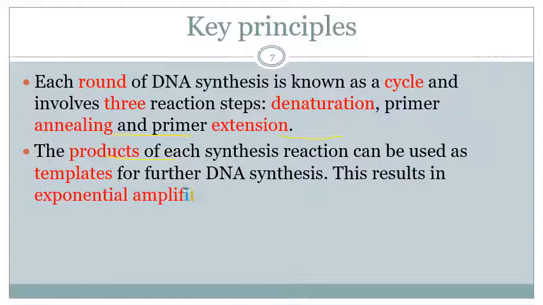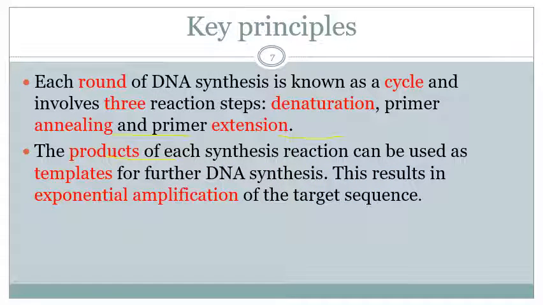The products of each synthesis reaction can be used as template for further DNA synthesis. This is called exponential amplification, meaning the previous DNA material is doubled after every cycle.